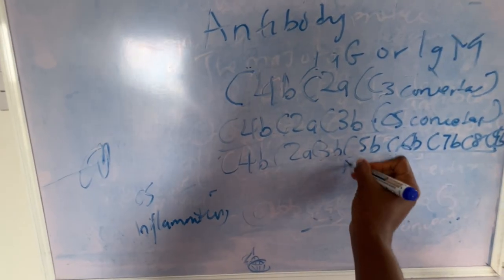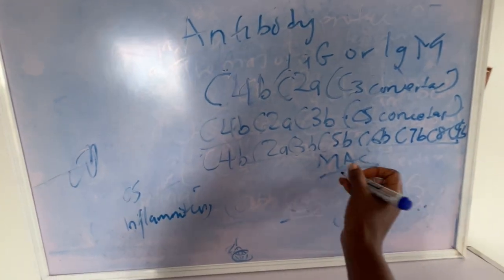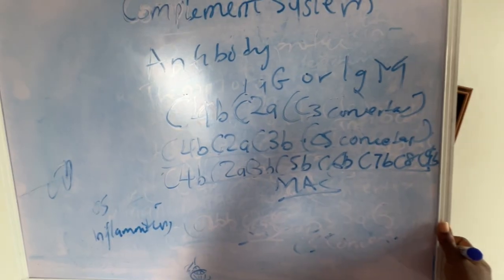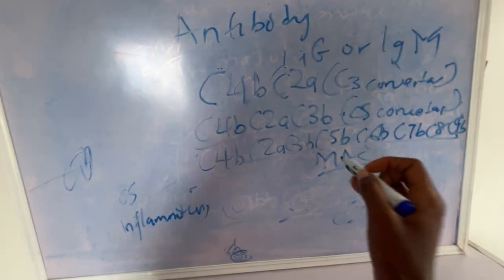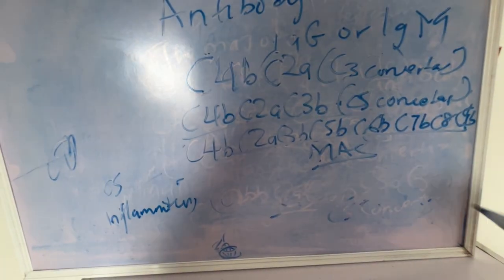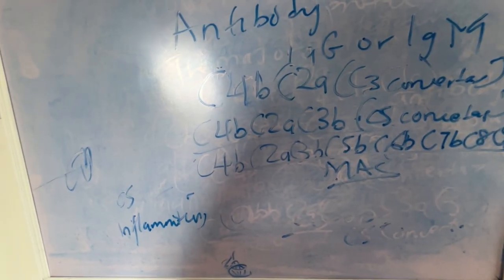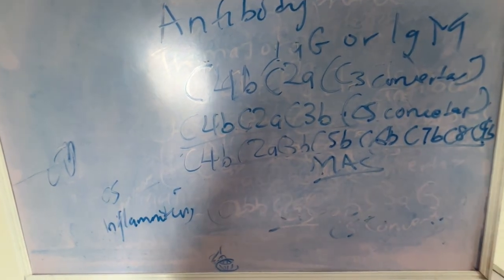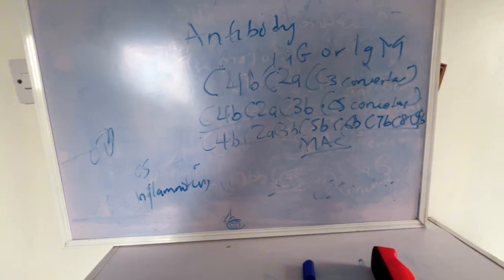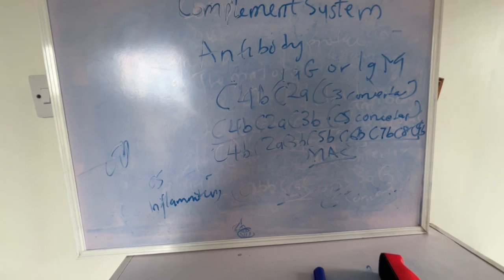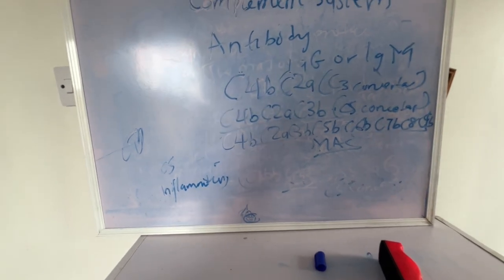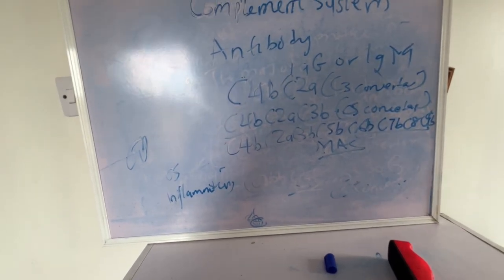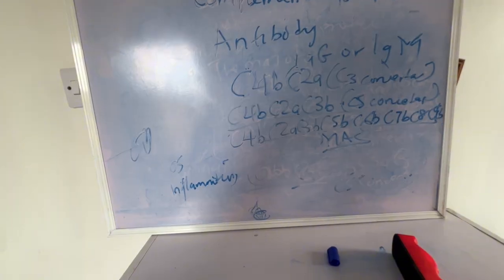All of them together are known as the membrane attack complex. What is the function of this membrane attack complex? They punch holes in the membrane of the pathogen, which ultimately leads to cell lysis and cell death. So you see why we said that the complement system enhances the activity of the antibody and phagocytic cells.